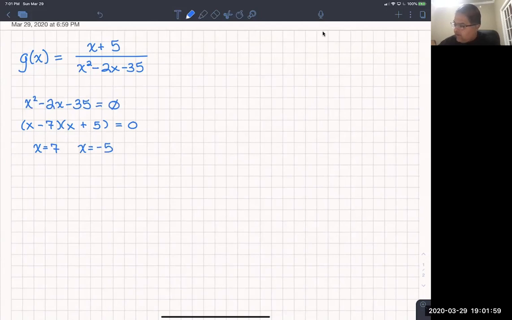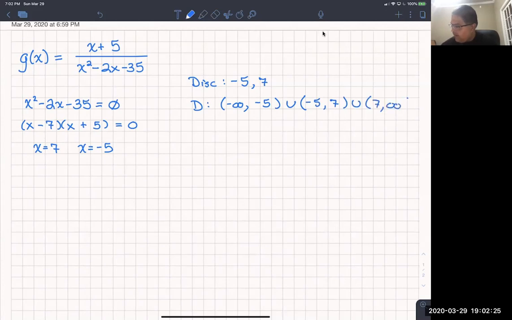So that means my discontinuities for this rational function are negative 5 and 7. That means my domain is x can be negative infinity to negative 5, or negative 5 to positive 7, or 7 to infinity, and it can't be negative 5 or 7.